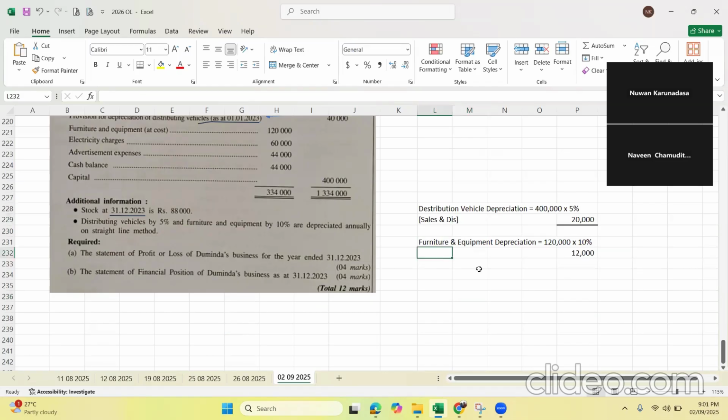Furniture and equipment depreciation will be administration and establishment expense, right? Very important, so the classification is very important. The examiner is carefully looking at whether you have properly classified expenses. You can't mix them. You have to identify the administration related expenses, the sales and distribution related expenses, and then the finance and other related expenses.